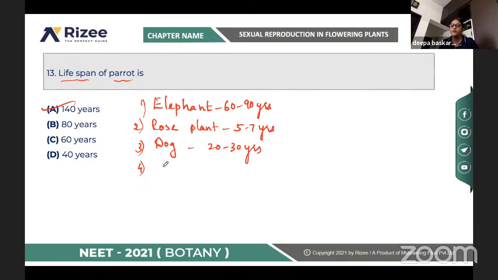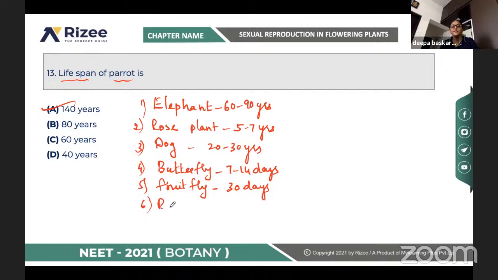If you take butterfly, only 7 to 14 days, or 1 to 2 weeks. Fruit fly, 1 month, 30 days. Rice plant, 3 to 4 months.